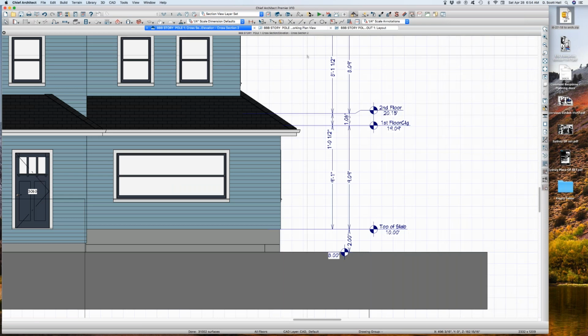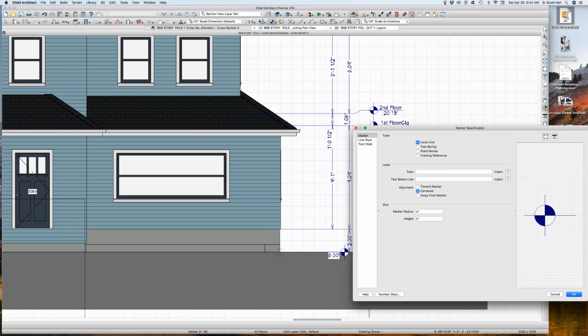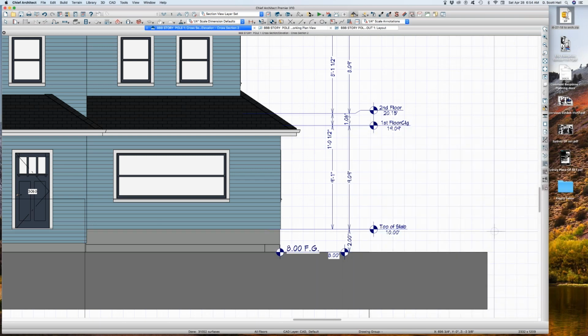And by the way, if my plan reviewer gets really nasty, I'll just put this right here, 8.00 finished grade. Got it? So I think that takes care of it. I think I would like to be able to move these.